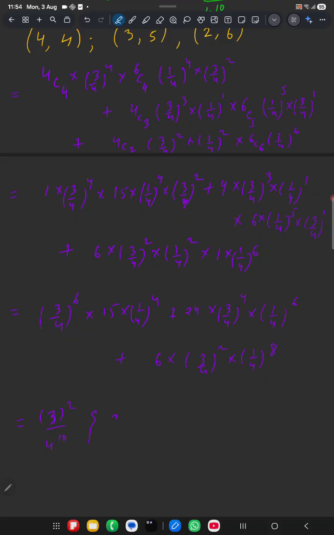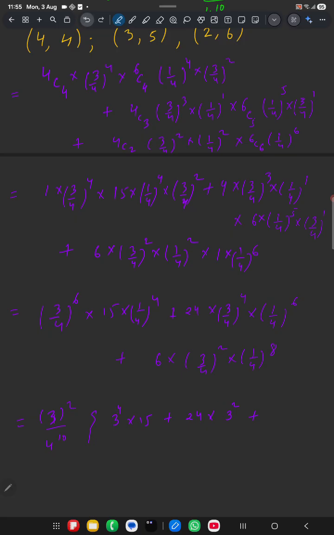So we will be remaining with 3 power 4 into 15 plus 24 into 3 power 2 plus, and 3 power 3 we can take common actually. Here we will get 3, so we will do it in the next step.